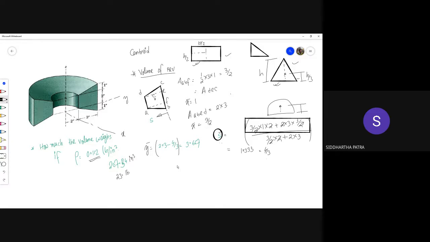So the next part of the question is: what would be the cost of painting the surfaces, or rather the exterior of the geometry at the rate $0.25 per inch square.